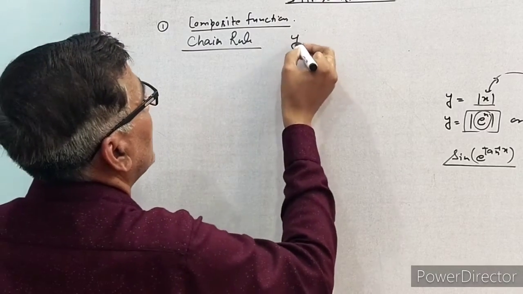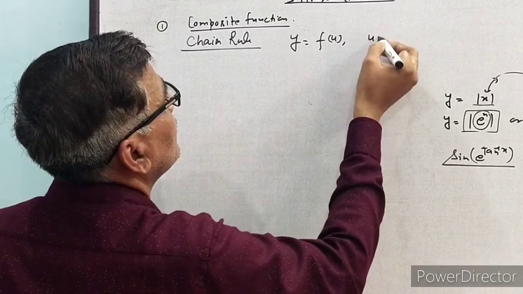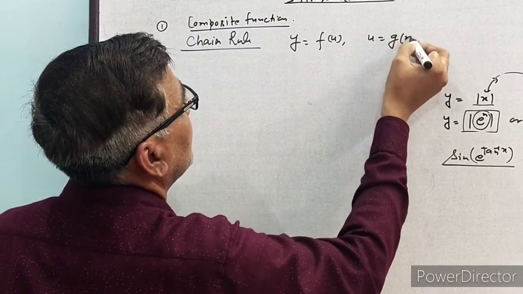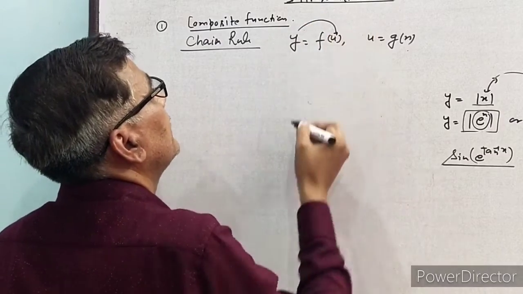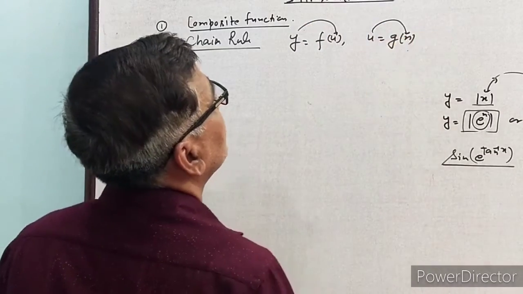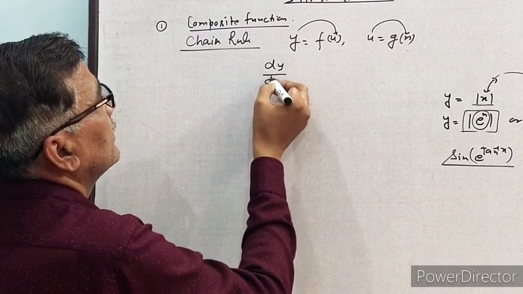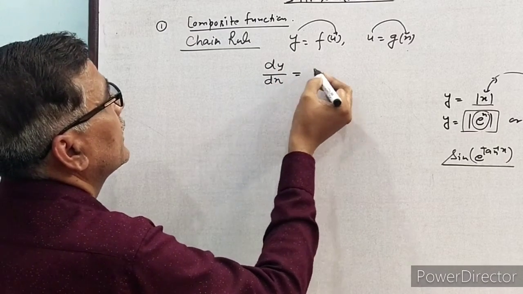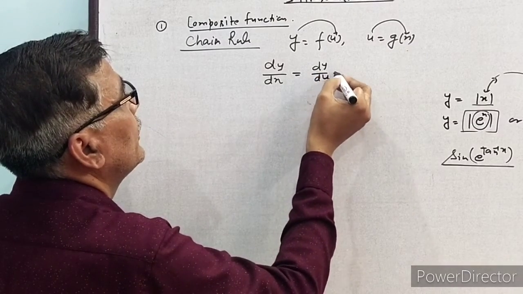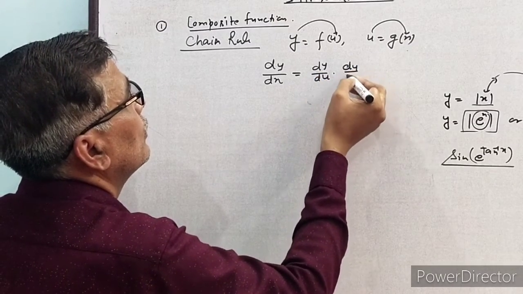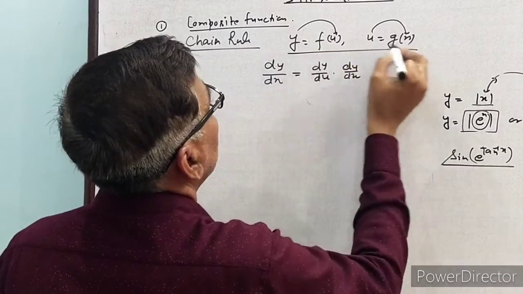Suppose we are having a function y is equal to u, and u is a function of x. If y is a function of u and u is a function of x, then we can differentiate y with respect to x in the manner dy over du into du over dx. Here we have single composition.